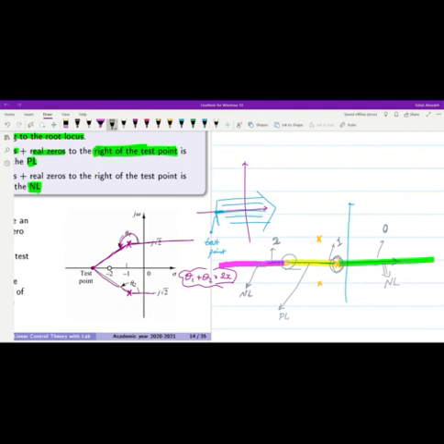So we know that this part belongs to the negative locus, and the area between the zero and the pole belongs to our positive locus. This will be quite useful in drawing our root locus for positive locus and negative locus later.